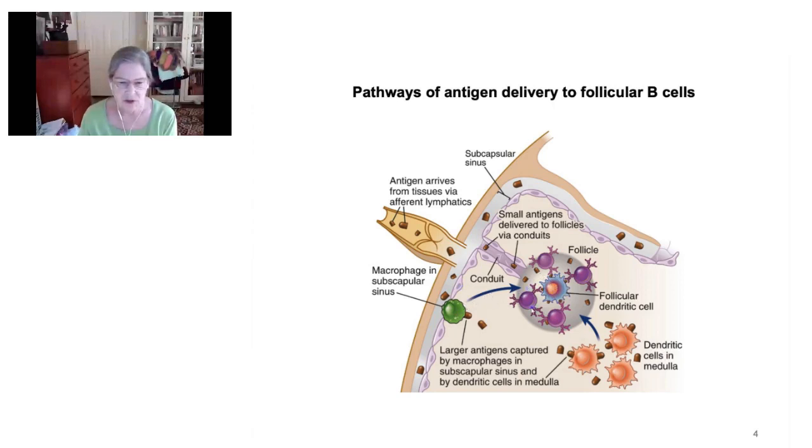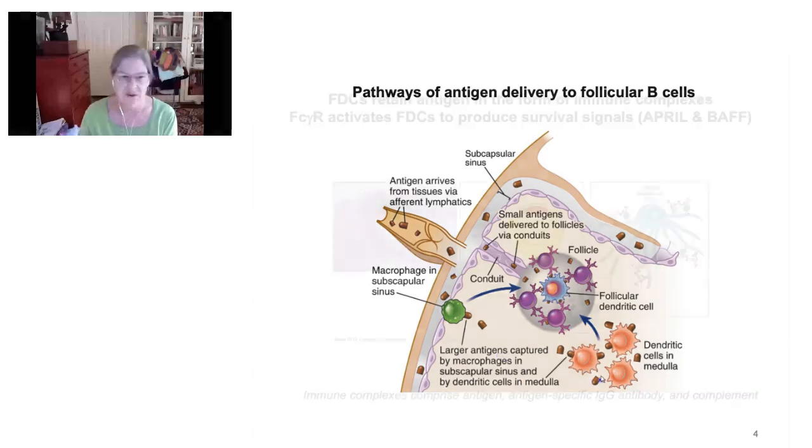And then also larger antigens can get captured on dendritic cells further in toward the paracortex. And these dendritic cells can pick it up. These are actual dendritic cells that can also activate T cells. And they can shuttle antigen to these follicular dendritic cells. So that's pretty much how antigen can get delivered.